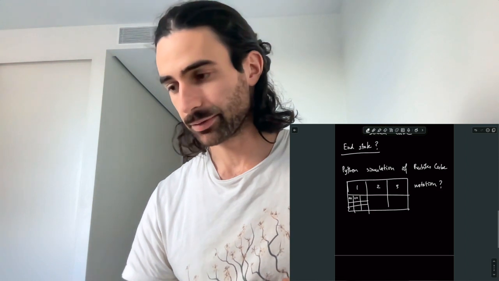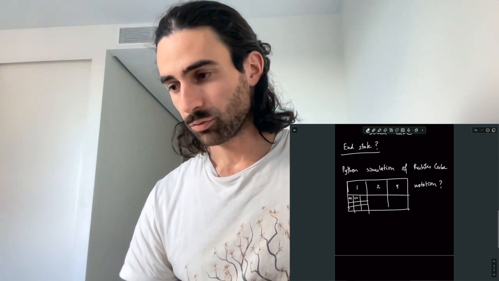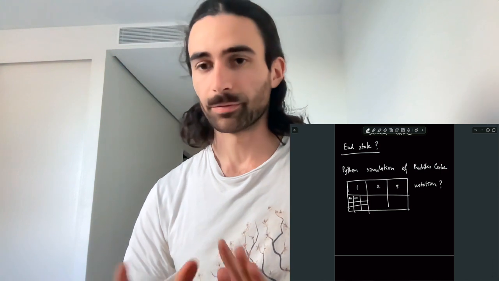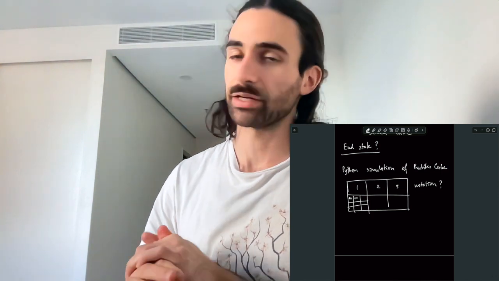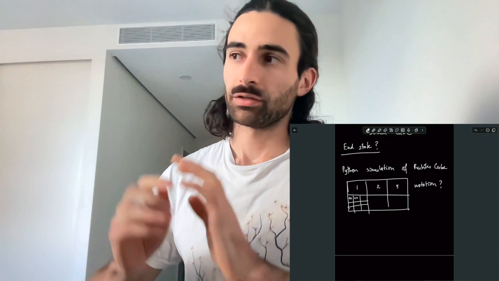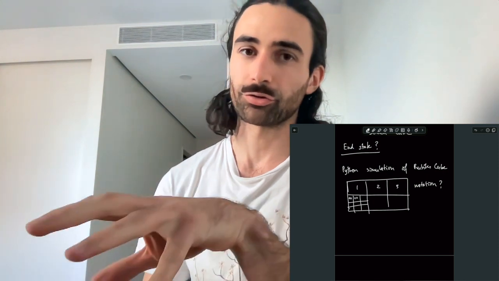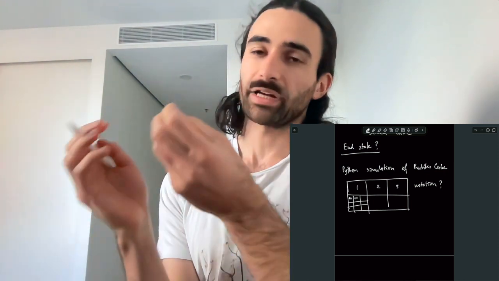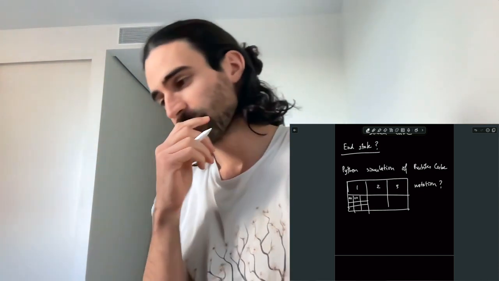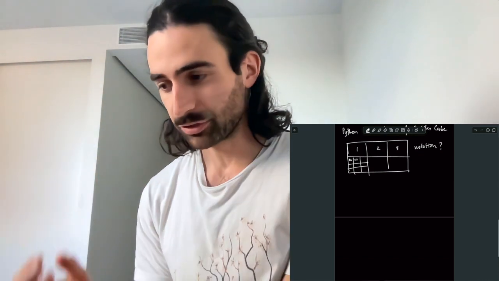What we need to do in order to train a neural network is have a bunch of training examples which basically show the neural network what output we want it to give us for a given state of the cube. So I think the way we can do that is by randomizing the cube.